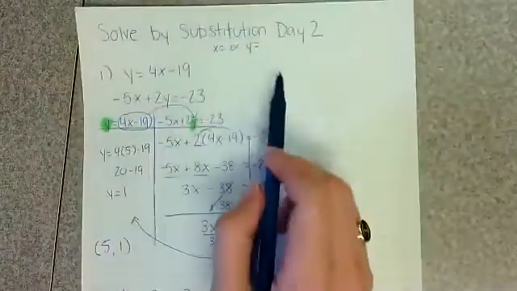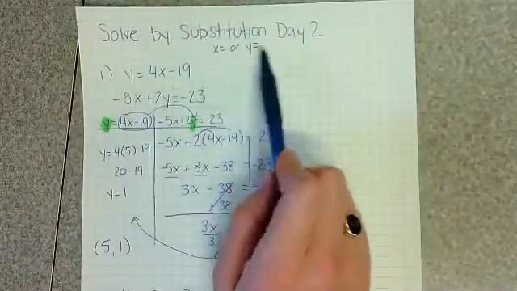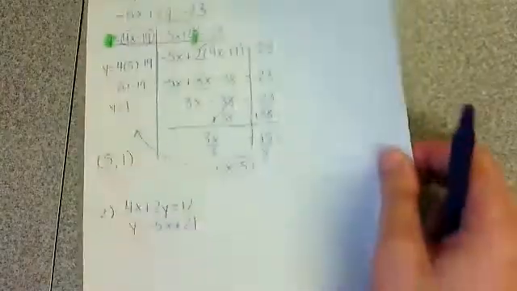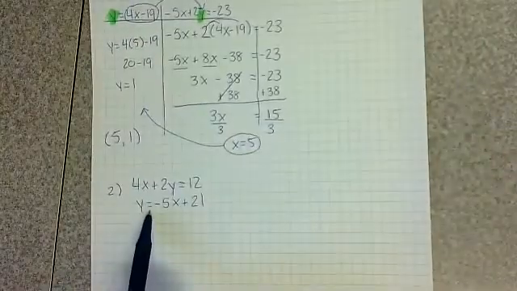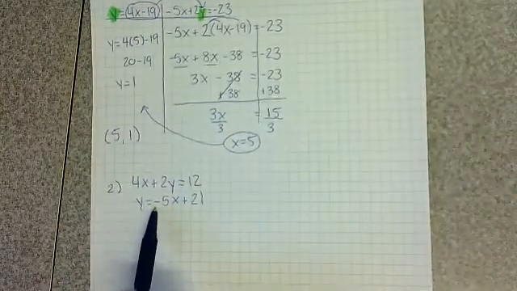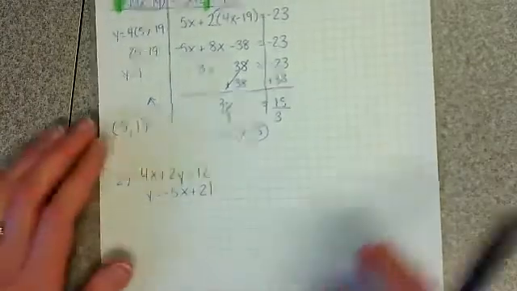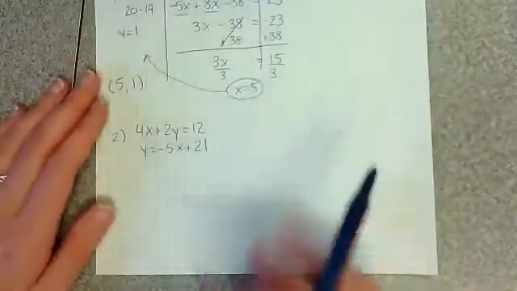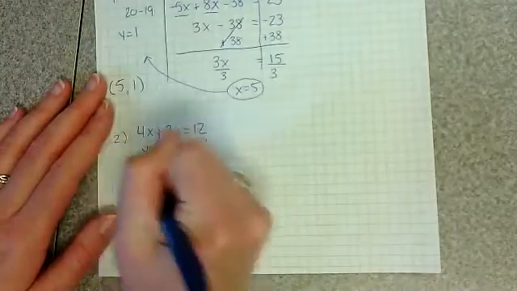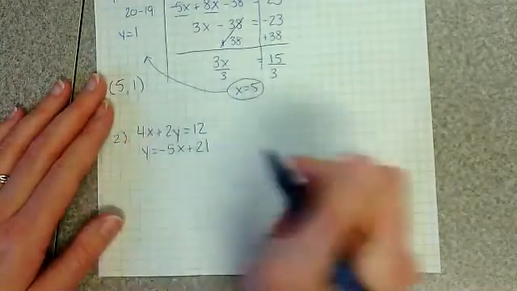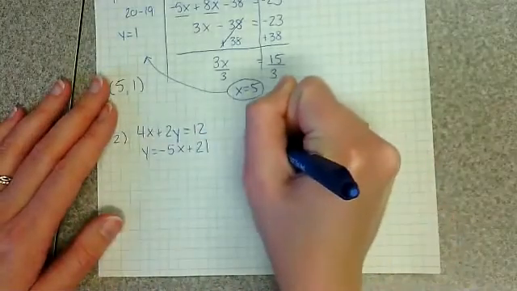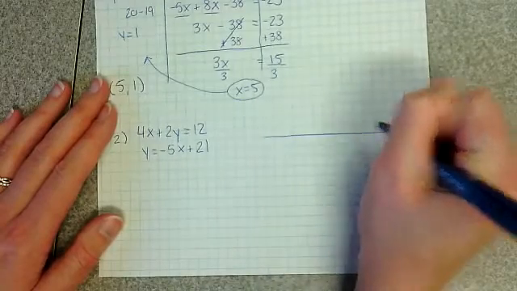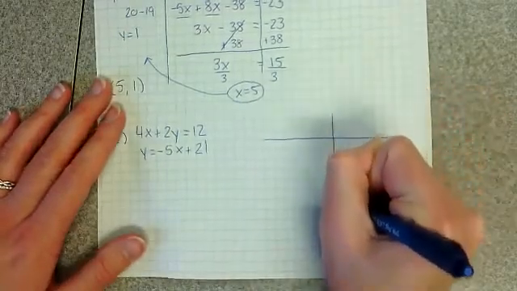We talked about substitution. We're looking for an x equals or a y equals. We have a y equals again. It's the second equation this time, but we have a y equals. So I can solve using substitution. I'm going to go ahead and set up my t-chart. I'm going to set it up over here. Make sure I have enough space.